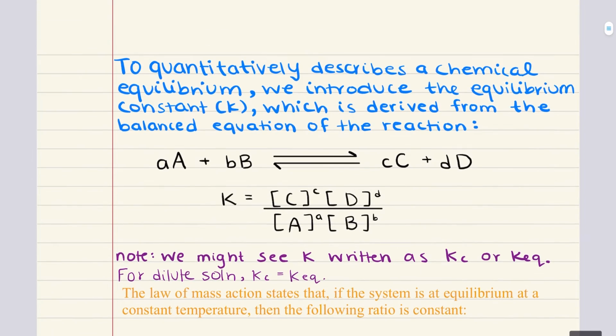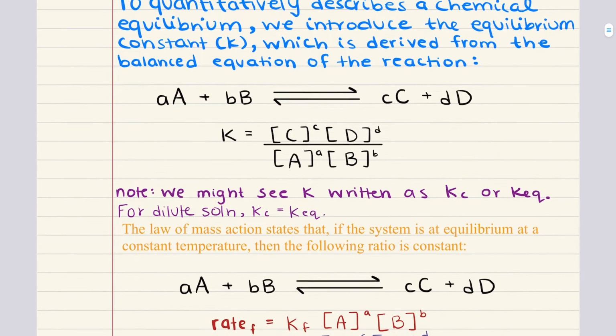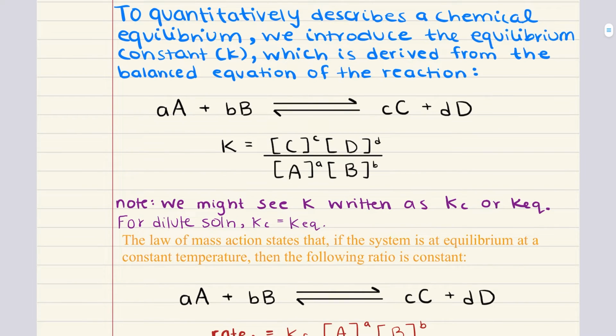To quantitatively analyze a chemical equilibrium, we use a crucial tool called the equilibrium constant, which is denoted as K. Let's consider a generic chemical reaction where a moles of reactant A and b moles of reactant B react together to give us c moles of product C and d moles of product D. The balanced chemical equation for this reaction can be represented in this way.